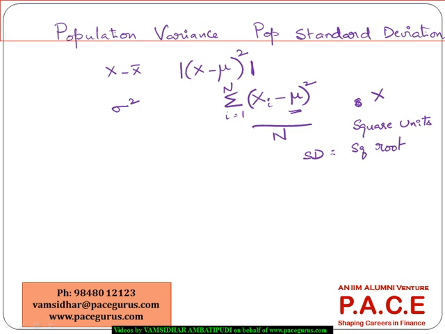So the unit for the standard deviation is the same as the unit of the observations, which means it's easier to relate the standard deviation for interpretation compared to the variance, which is expressed in squared terms. But to compute the standard deviation, obviously I have to compute the variance.